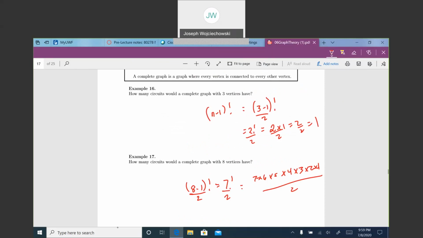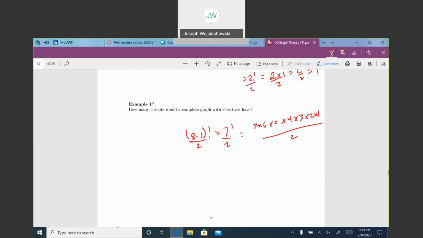Okay, let me get my calculator. And I get 5,040 over 2. Divide that by 2, and I get 2,520. How would you like to brute force all of those? They could do it with a computer, but it would still take a while.